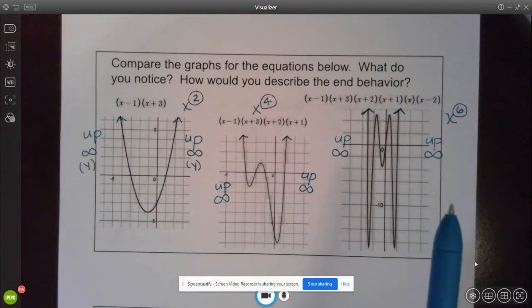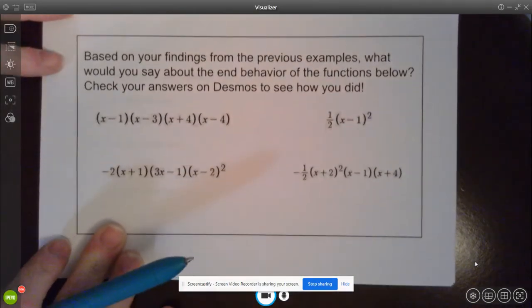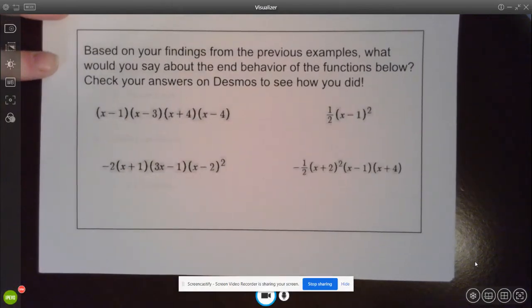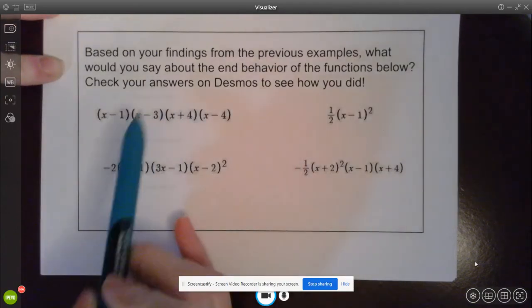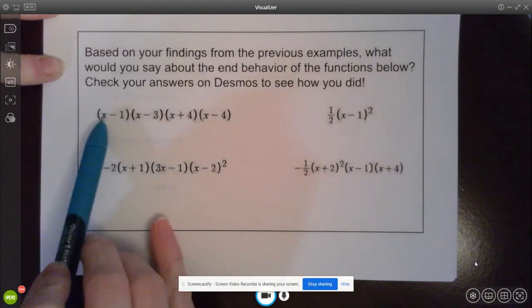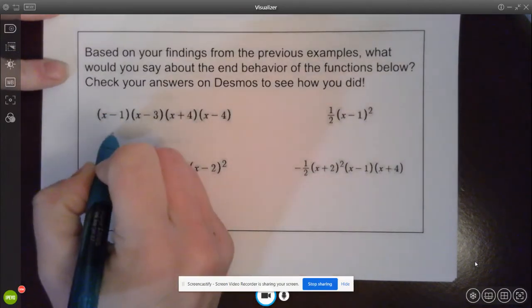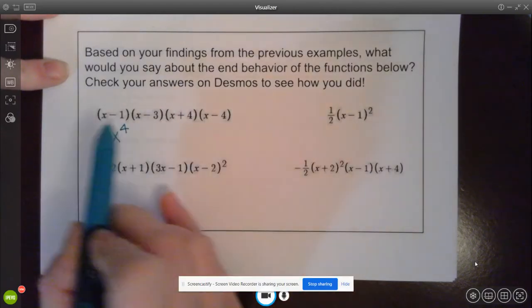So let's take those ideas and see if we could talk about what's happening on the left and the right. Now, I want you to try these first and then go back and check in Desmos. So I have 1, 2, 3, 4 x's being multiplied together, so my leading coefficient is going to be x to the fourth.